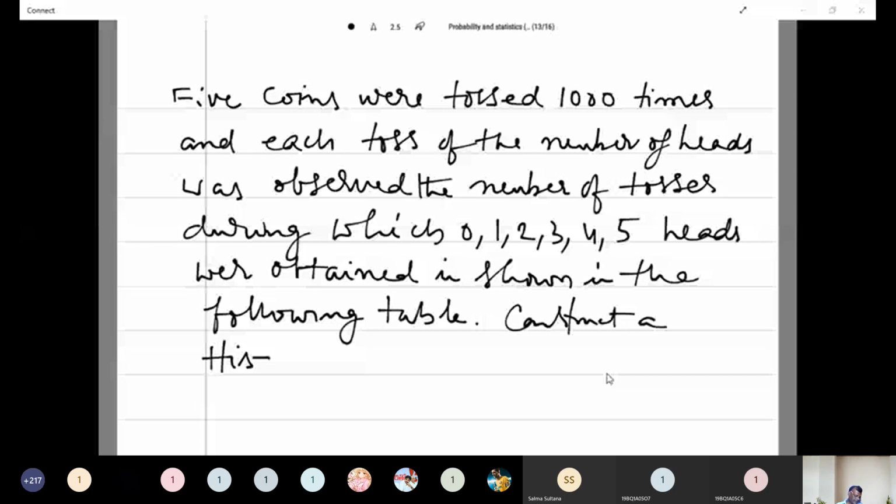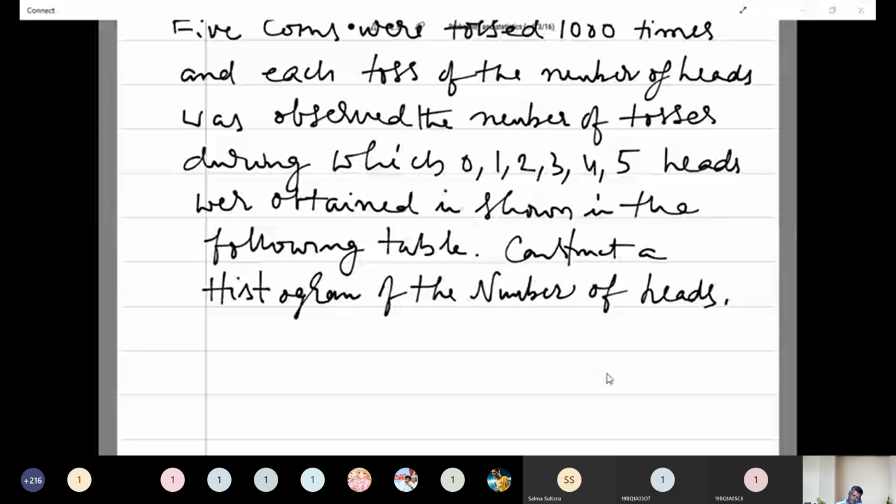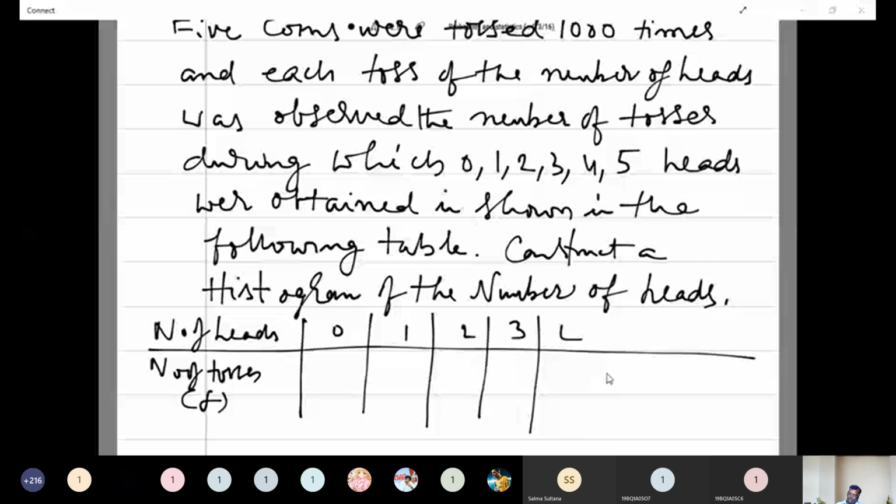Number of heads and number of tosses, that is the frequency. Number of heads 0, 1, 2, 3, 4, 5.